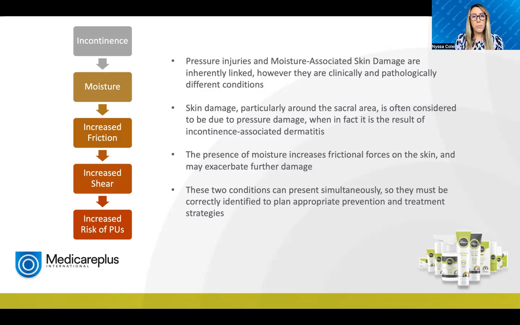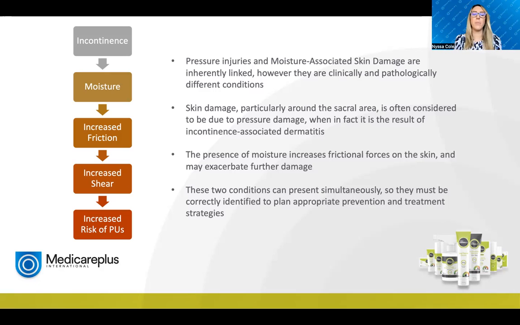So the actual number of pressure ulcers and moisture associated skin damage can be inflated if we don't know what we're dealing with. And obviously the treatment is very important for that patient, and if we don't get that right, then we're not providing the best care that we can for that person.